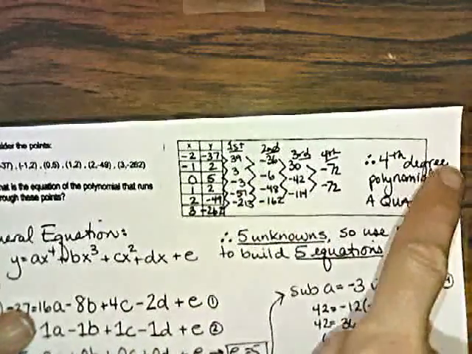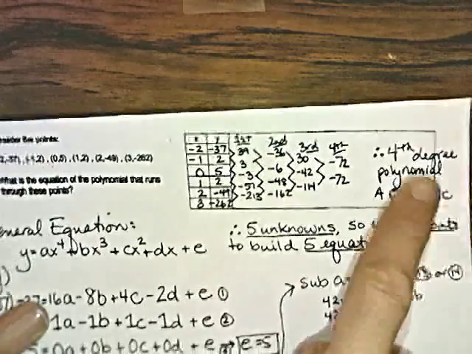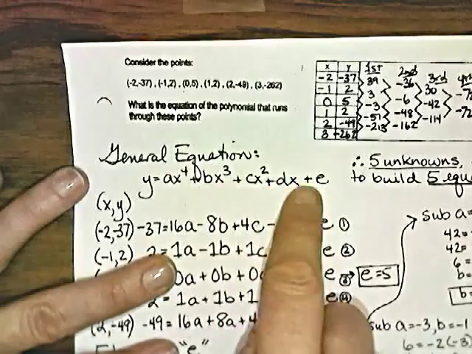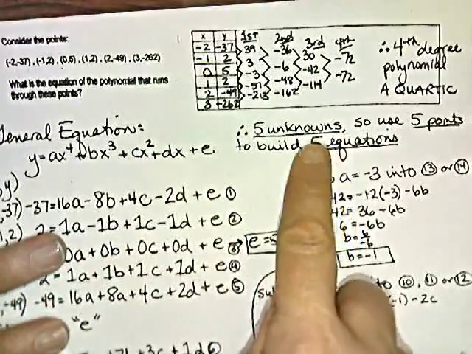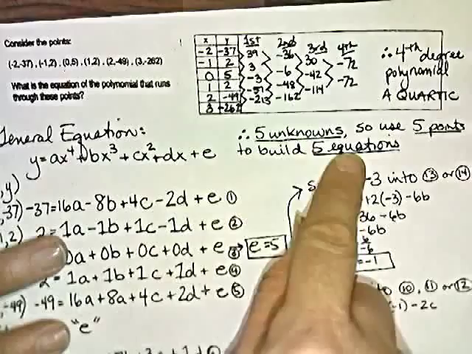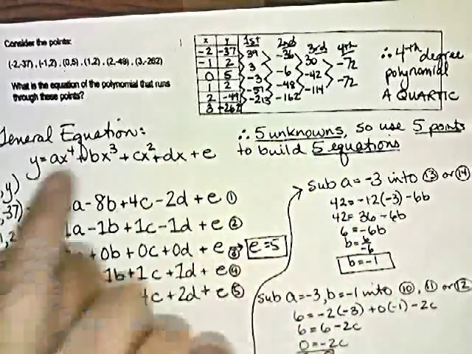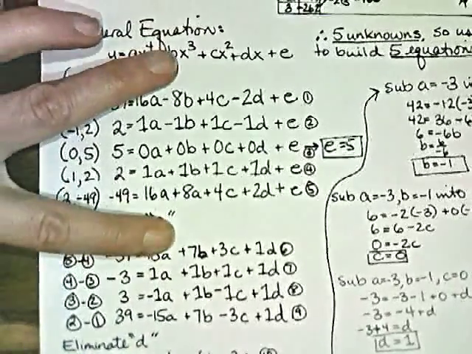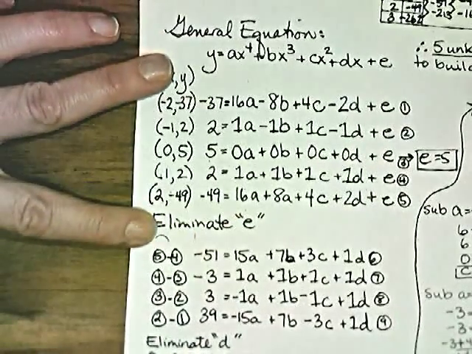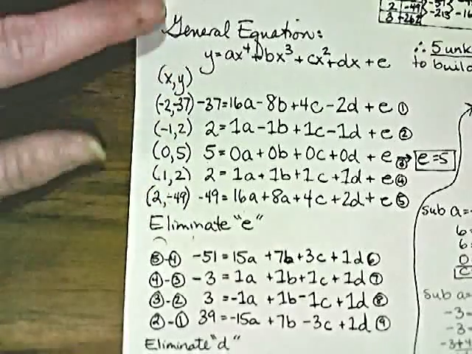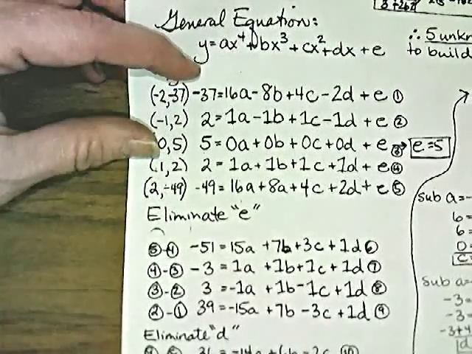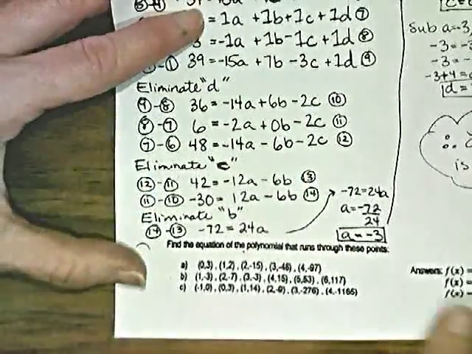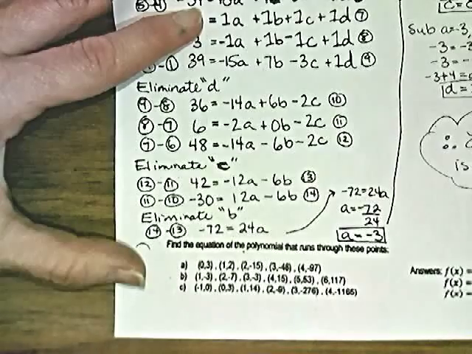We find out what degree we're working with, build a general equation, figure out how many unknowns I have. I use that many points to build that many equations equal to my number of unknowns, and I build a series of equations using my x and y data points, and then I start subtracting. I eliminate my last variable sequentially by subtracting the bank of equations.